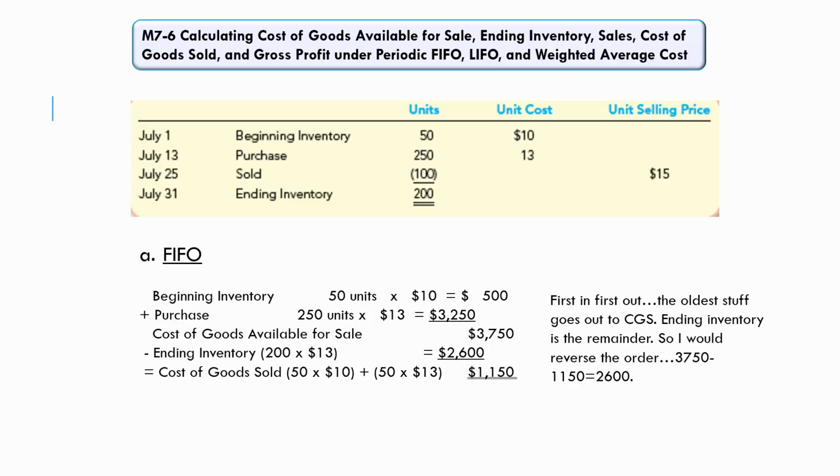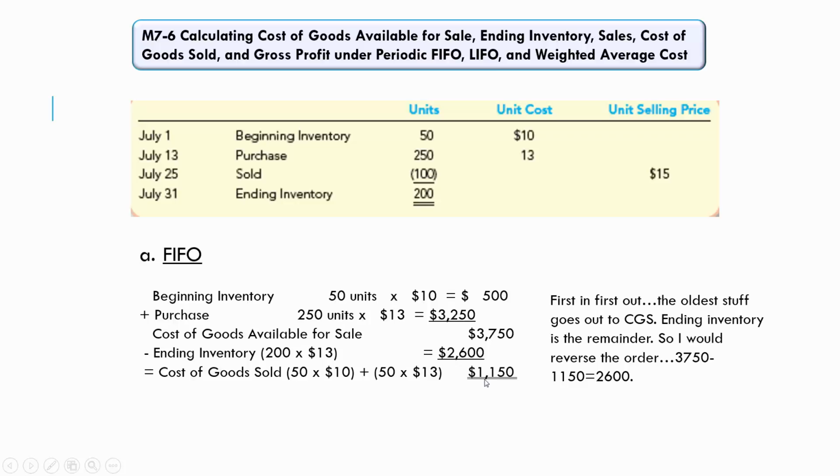Now, another way to do it though is to go up here and say, well, if I sold from this and then I sold 50 from here, I would have 200 remaining from this purchase on July 13th at $13, which gives me the 2600. So we're back to the equation, the all-important equation, which is goods available becomes either ending inventory or cost of goods sold.